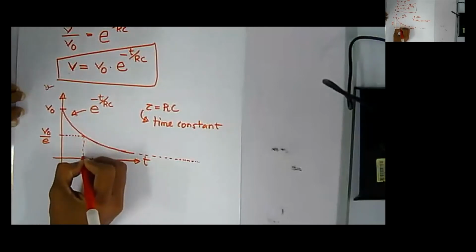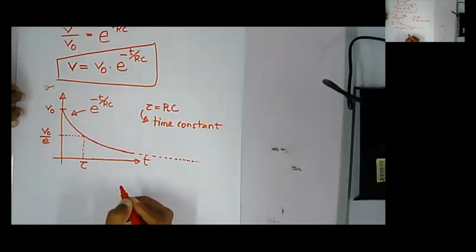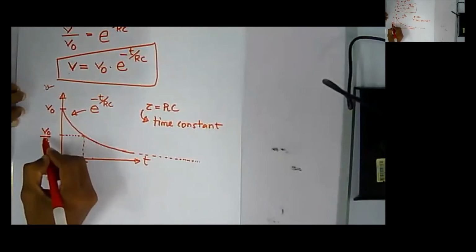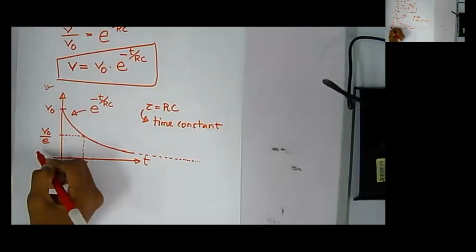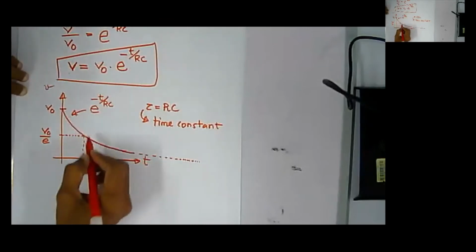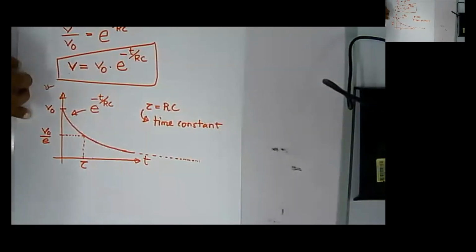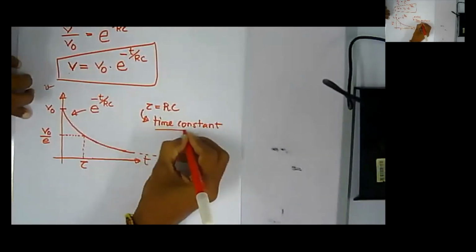This will be your tau. So after RC seconds, your V out will be V naught over e. You can simply substitute, and then call that the time constant.